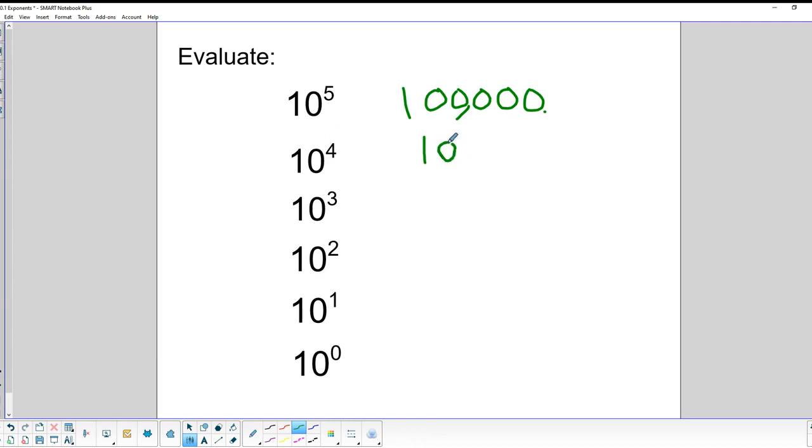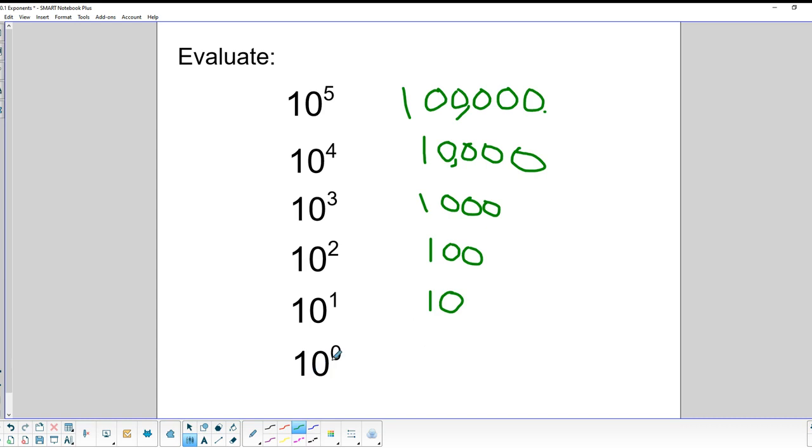That would be 1 followed by 4 zeros, which is 10,000. How about 10 to the third power? That would be 1 followed by 3 zeros. 10 to the second power, 1 followed by 2 zeros. 10 to the first power would be 1 followed by 1 zero.